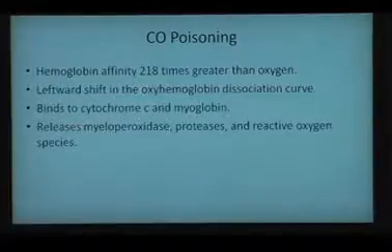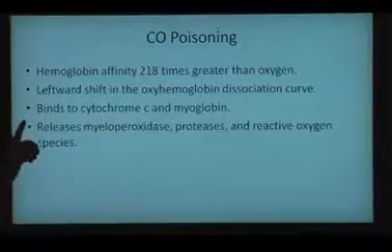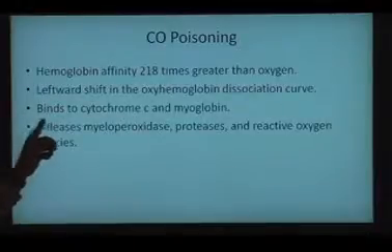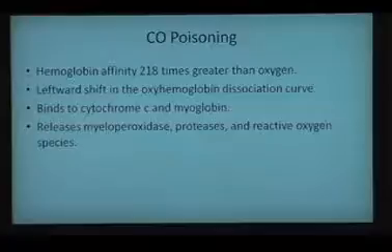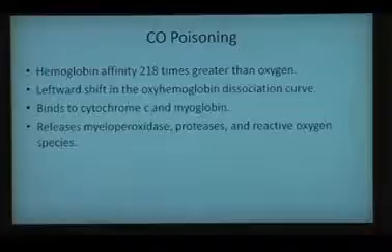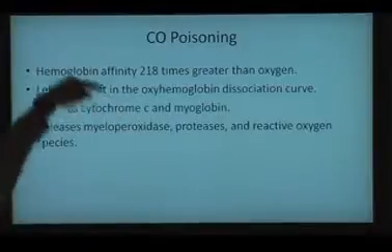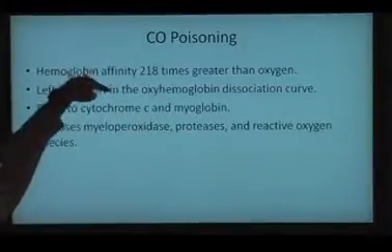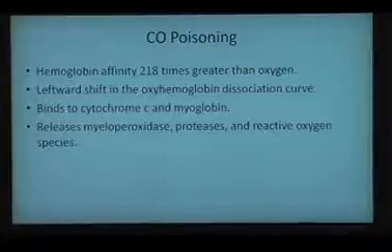But it's worse than that, because carboxyhemoglobin also causes a left shift of the oxyhemoglobin dissociation curve. So not only is there a lot of hemoglobin that can't carry oxygen, the hemoglobin that is carrying oxygen is not releasing that oxygen to the tissues. So there is not only an anemic hypoxia, but there's also an affinity hypoxia because the hemoglobin holds on to the oxygen more tightly.